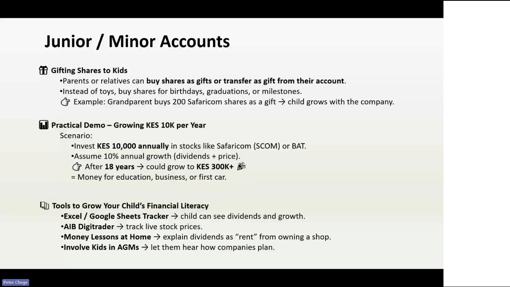Transfer part of your portfolio to them. Remember, at the end of it, they are your beneficiary. They will still get that portfolio either way when you pass. If you have not sold, so you can gift them maybe a small portion, just to even motivate them to even buy more. So you can either buy shares as gifts, that is, you buy shares within a minor account.